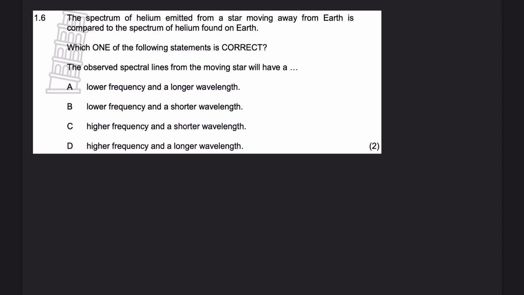Let me explain this using a diagram. Suppose you have a person standing on Earth and they are detecting, using some instrument, helium that is moving away from Earth. Let's draw helium as that shape.